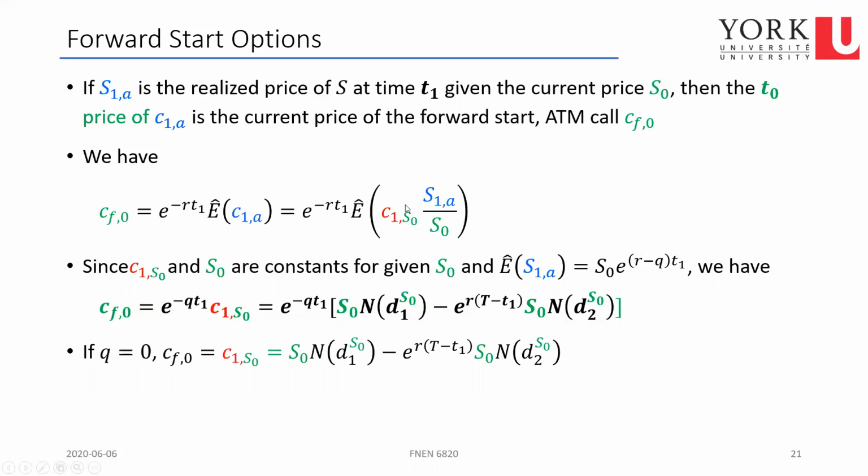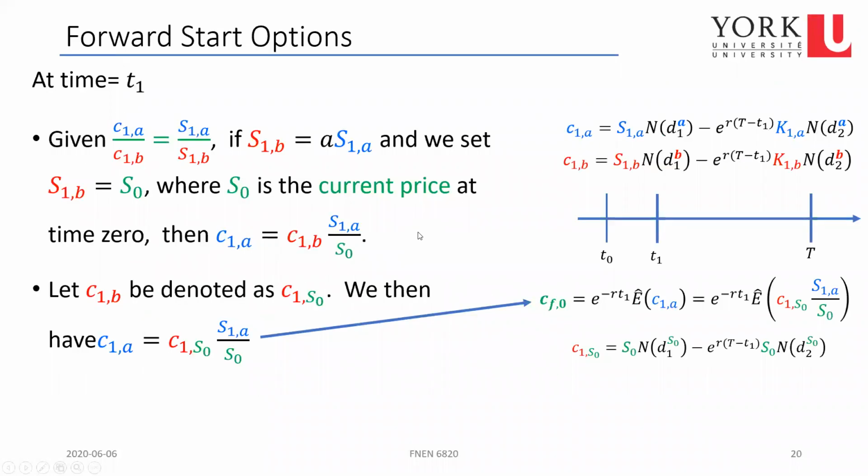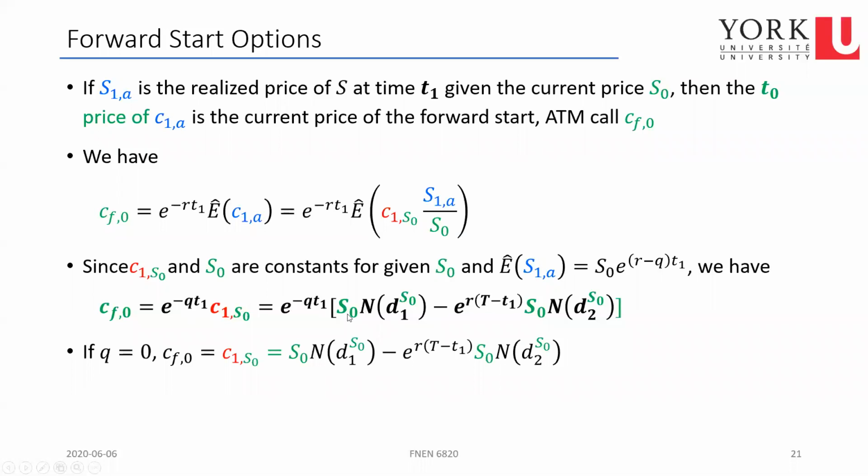And this C1 S naught, we know that is equal to this. So we put everything together, substitute here, and rearrange. We will have this condition here, which will give us the price of a forward start call.